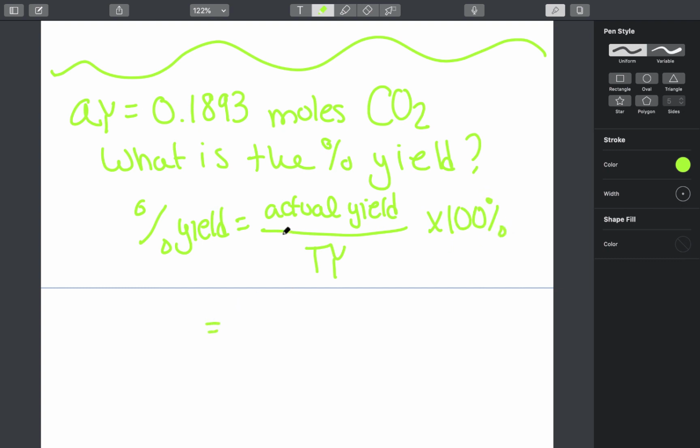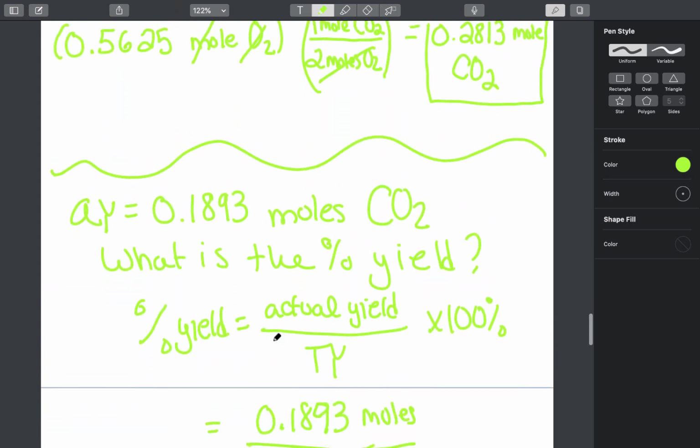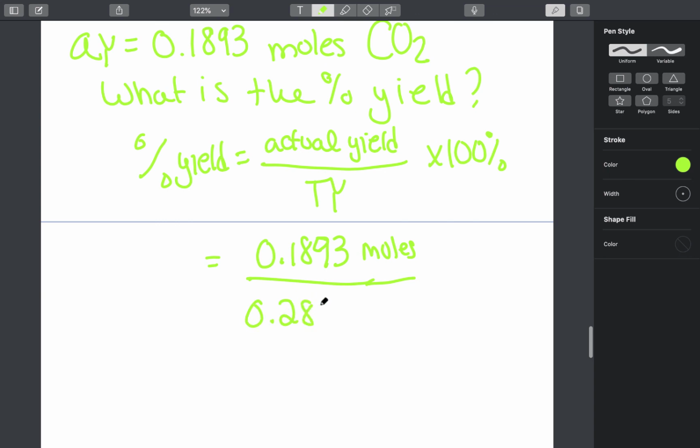So all you have to do is take this actual yield, 0.1893 moles, over the theoretical yield, which was 0.2813 moles, times 100%. When you plug this in your calculator, I'm doing it right now, you get, conserving the same amount of sig figs, 67.29% yield.